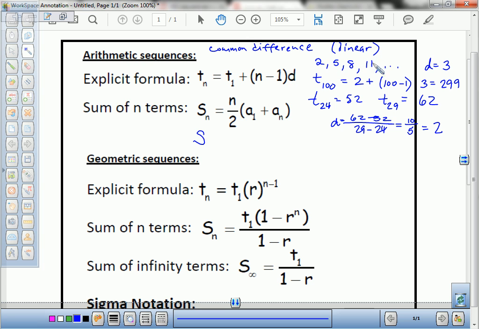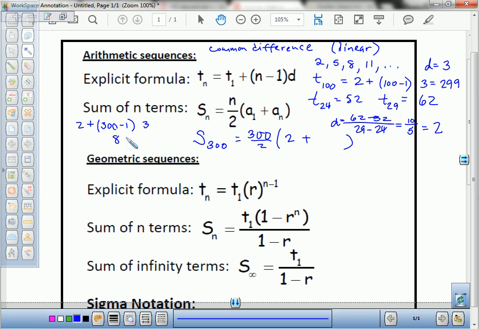So let's say we took this same one right here, and we wanted to find the sum of the first 300 terms. It would be 300 divided by 2. The first term is 2. How do I find the 300th term? Use the explicit formula. Go back to the explicit formula. So for the 300th, we would just plug in 2 plus 300 minus 1 times the common difference.